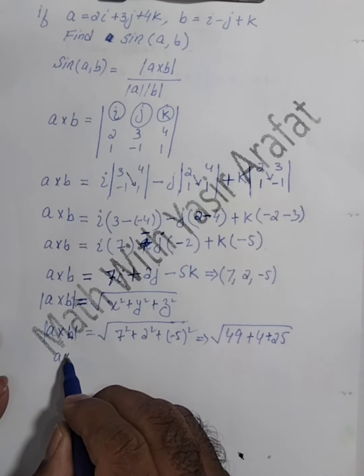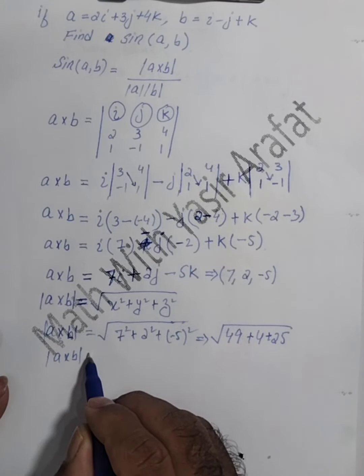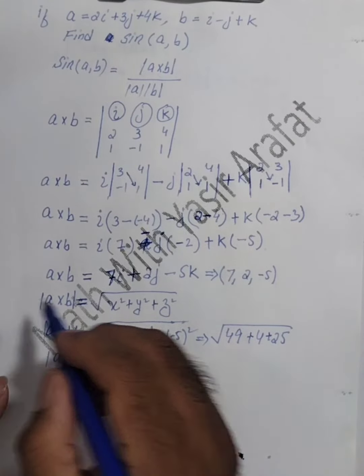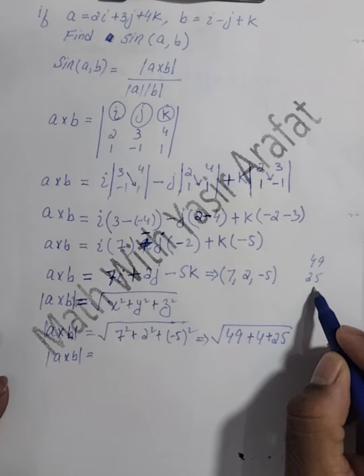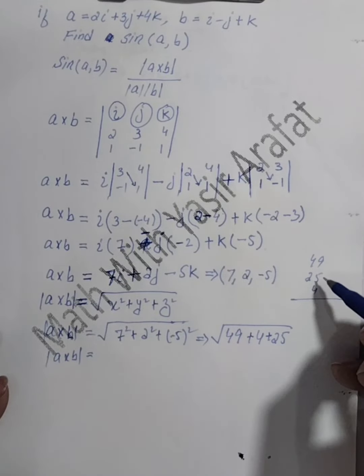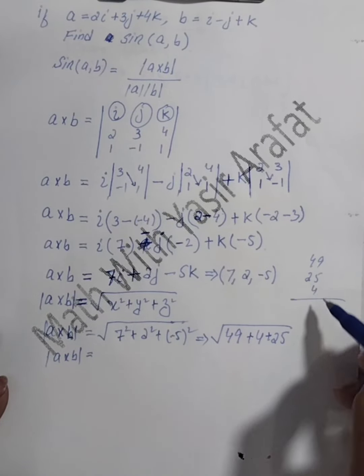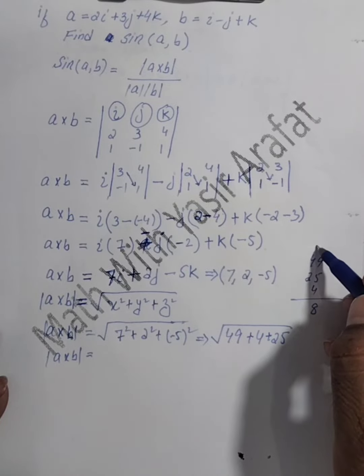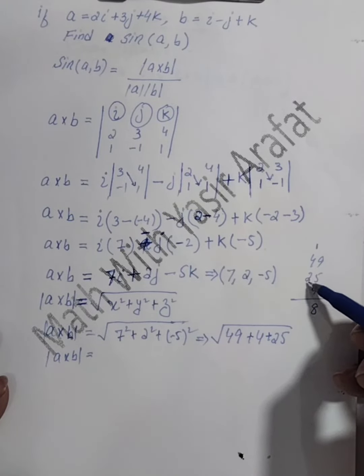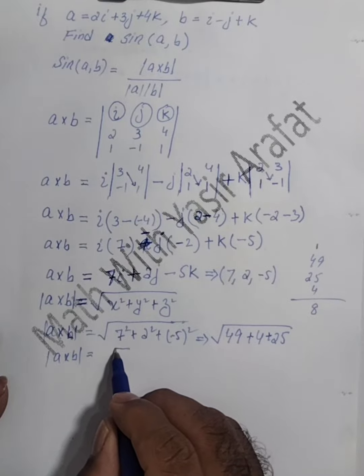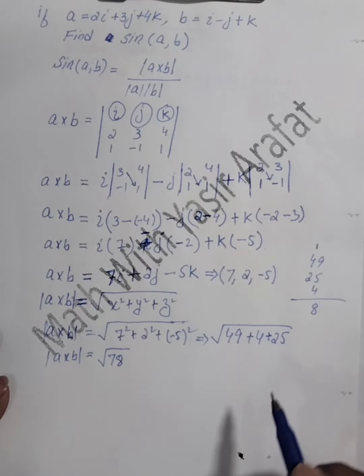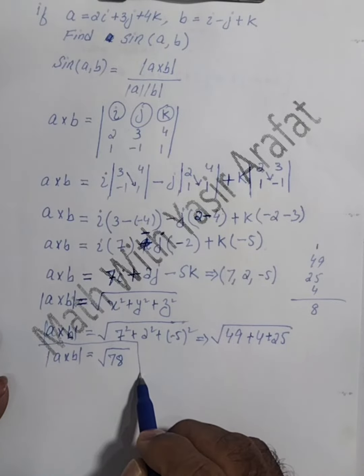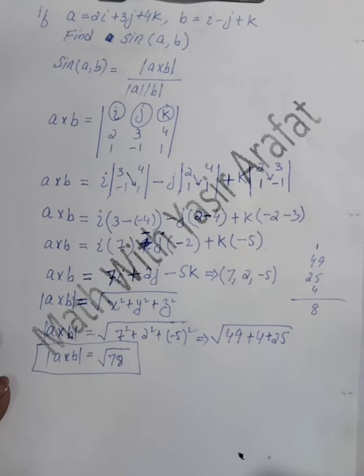So the modulus of A cross B is equal to 49, 25 and 4, that is 9, 10, 14, 18, 4, 6 and 7, that is radical 78. This is the modulus of A cross B.